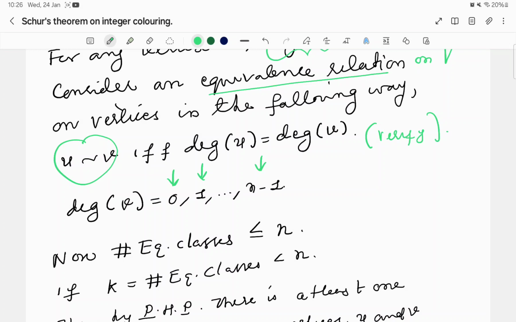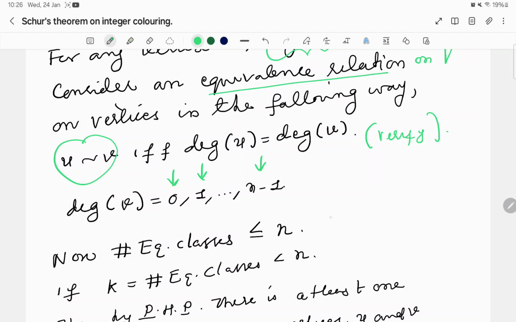An equivalence class contains at least one element. So what is the maximum possible number of equivalence classes? n, because if every equivalence class contains one vertex, that is the maximum number of equivalence classes you can achieve. So it is at most n.